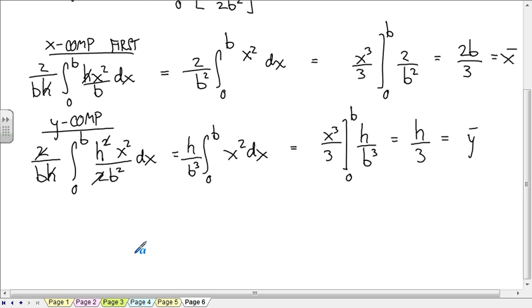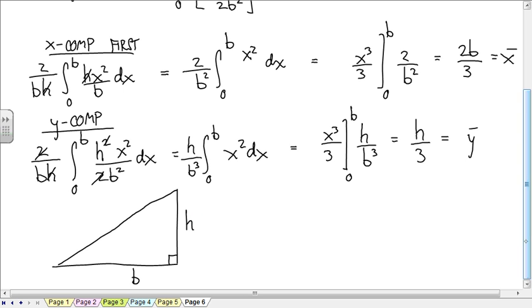So that tells us that for a right triangle where the width is h, no, that would be weird. Let's make the width b and the height h.